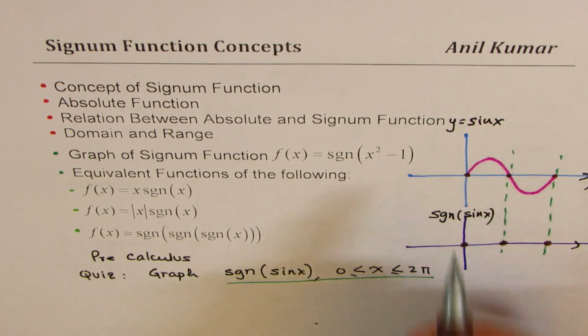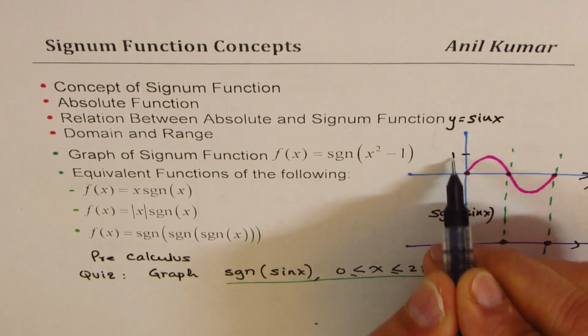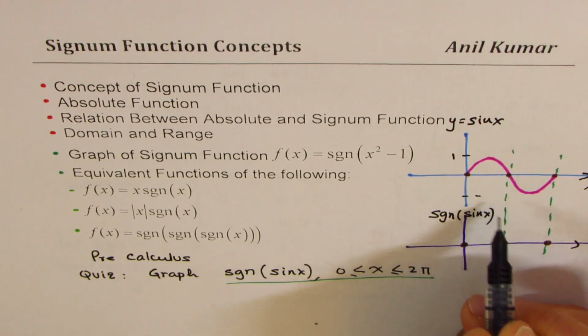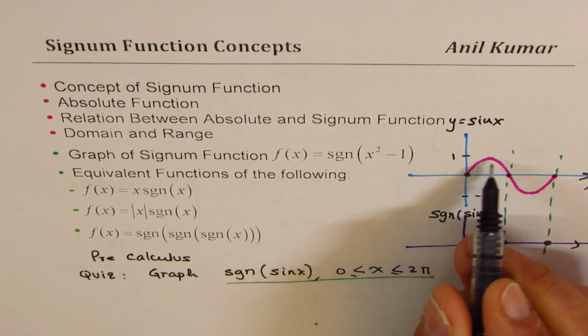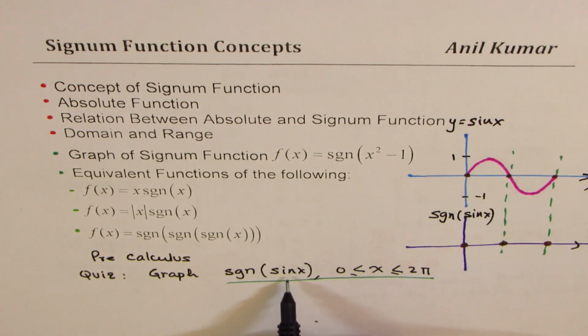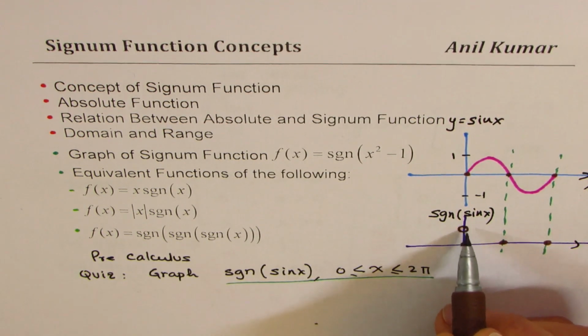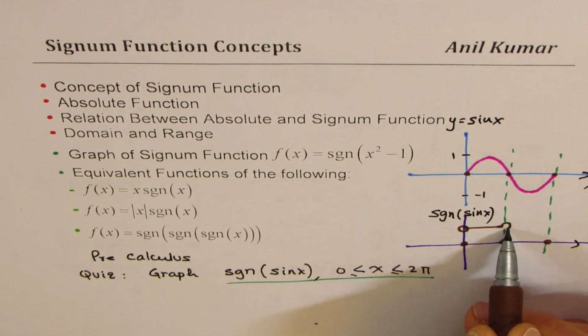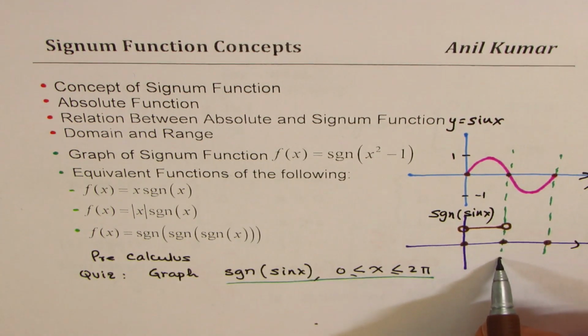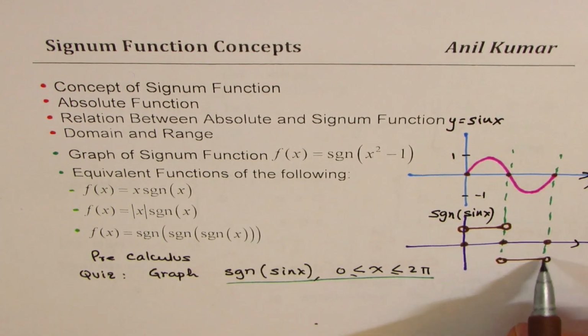In between, we have +1, correct? I mean positive value. Here it is negative value. So whenever the argument is positive, signum of a positive value will be positive. So what you get here is +1, right? And here on this side, we get -1. Do you see that?